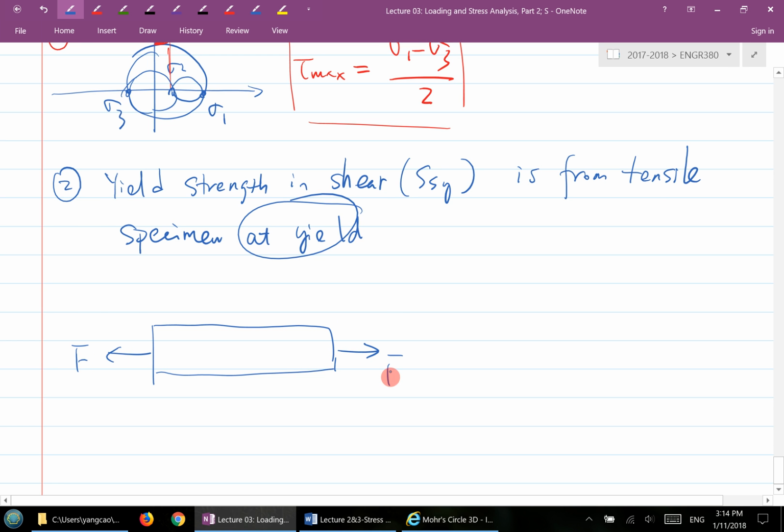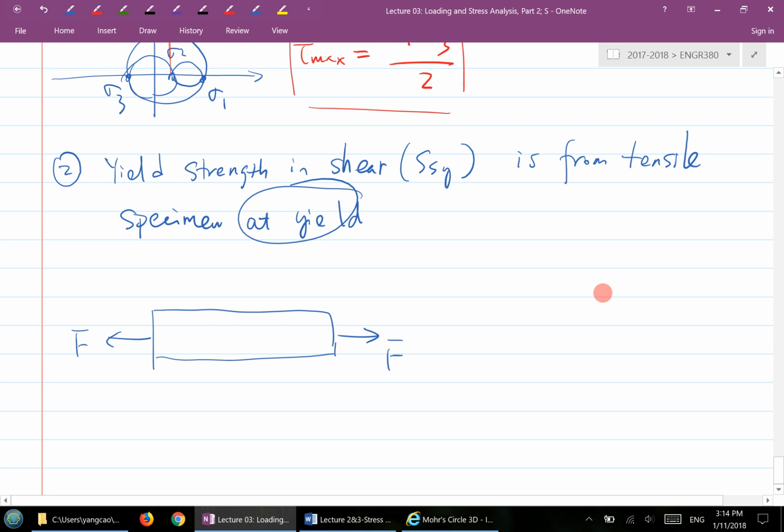So how do you do that? You basically apply force on both ends of the tensile specimen, right? And then you observe when it starts to show the yielding phenomenon. What we can do in this case is take a stress element, cut it somewhere in between, and then draw the state of stress, and that's basically your sigma x.